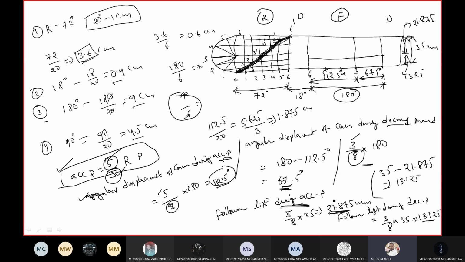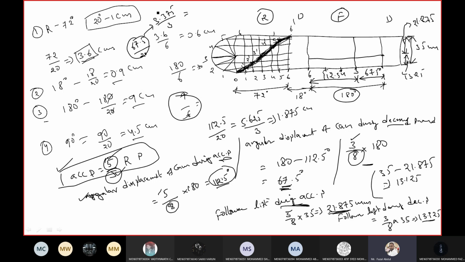Now in the same manner, divide this portion also. This portion is 67.5. If we convert 67.5 degrees into centimeters, divided by 20, we get 3.375.